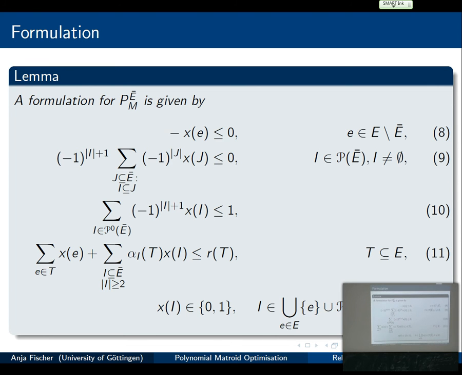So the upper part, that's just linearization, so not so important. And here again, just extended rank inequalities. If we would cancel this out, we have our original ones, and now with these strengthened variants, with these alphas. And of course, the aim is now to show that we can cancel this out.